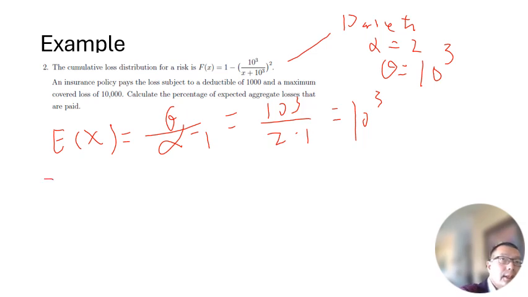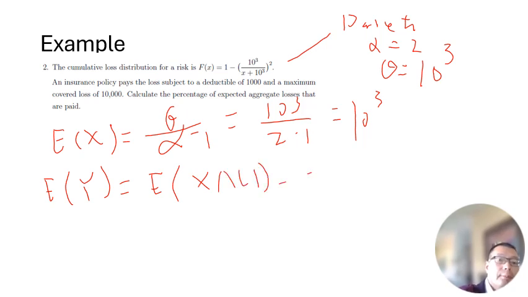But with deductible, we know that Ey will be Ex capital U minus Ex capital D, where U is 10,000 and D is 1,000.